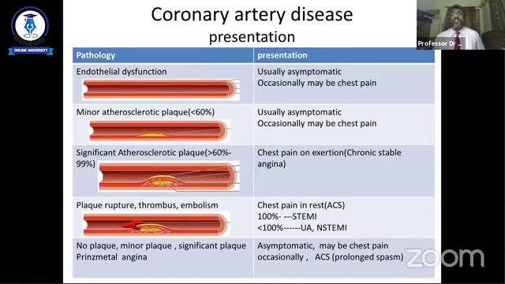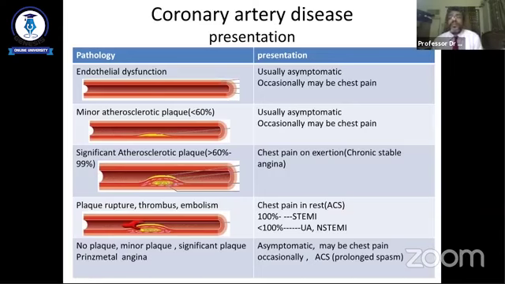Even this acute coronary syndrome may occur on top of chronic stable angina. If a patient has coronary atherosclerosis in the coronary artery, and there is any rupture or crack within the atherosclerotic plaque, the collagen fibers in the plaque are exposed to the contents of the blood, like platelets and other coagulation factors.